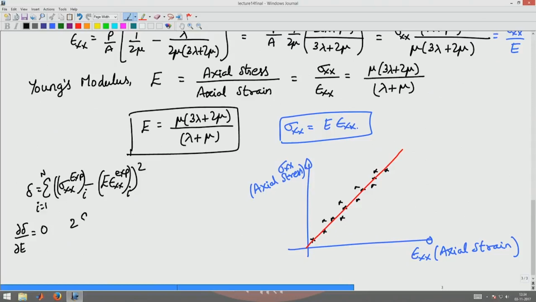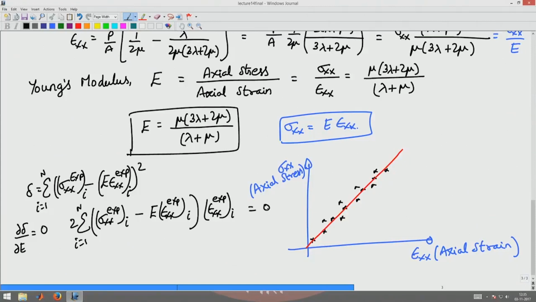2 times summation i equal to 1 to n of (sigma xx exp i minus E times epsilon xx exp i) into epsilon xx exp i equal to 0. Okay.